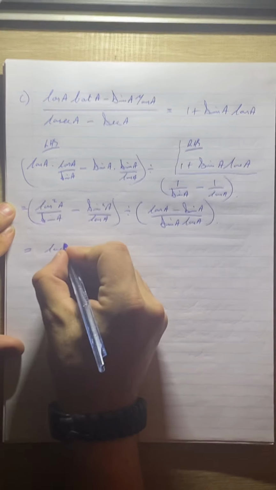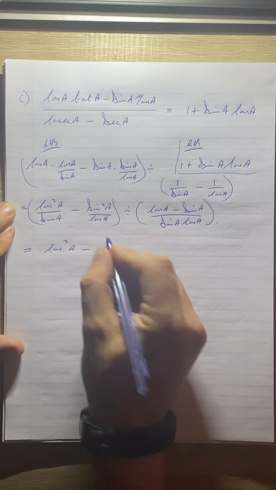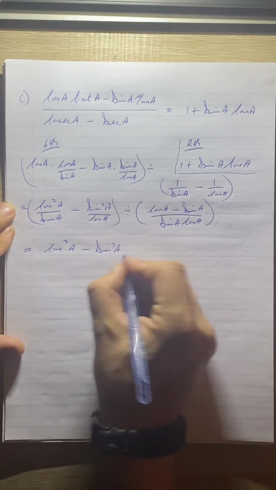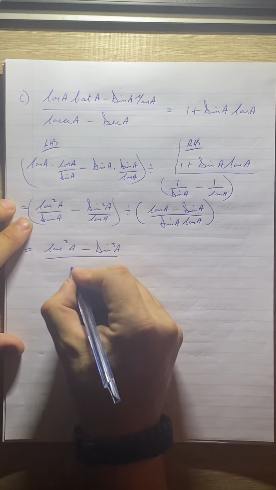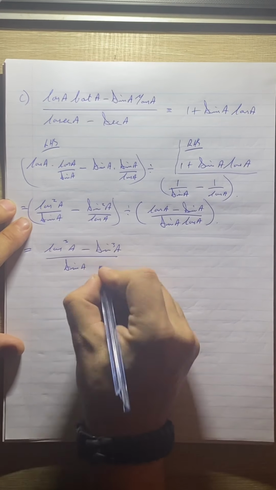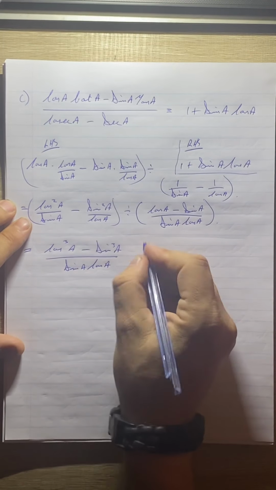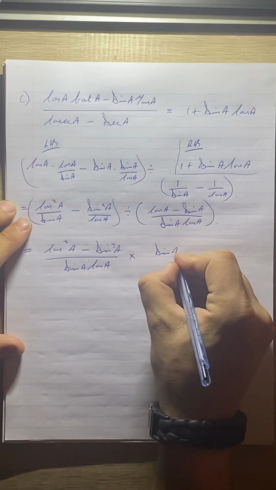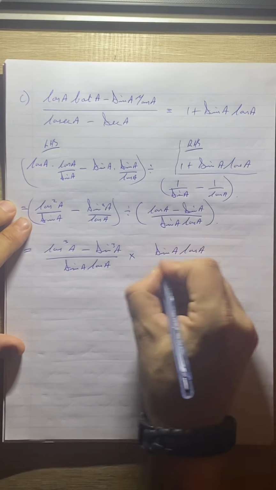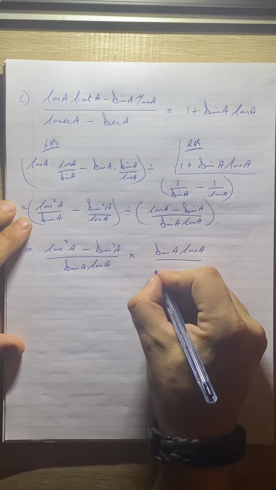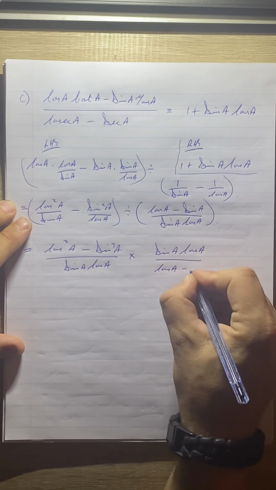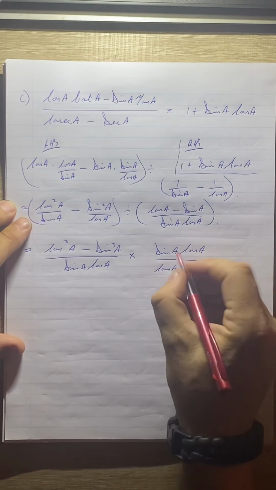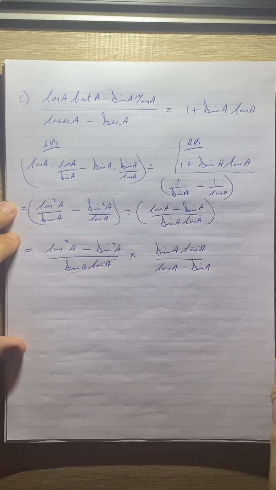So we get cos cubed A minus, multiply this one by sine, so we get sine cubed A all over sine A cos A. This I'm going to tip and times, so times by sine A cos A all over cos A minus sine A. Right, so as you can see, this will cancel with that.